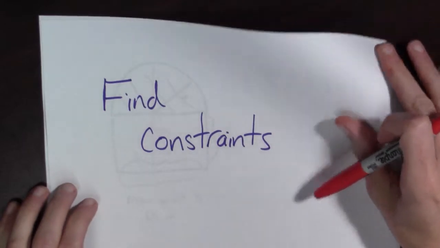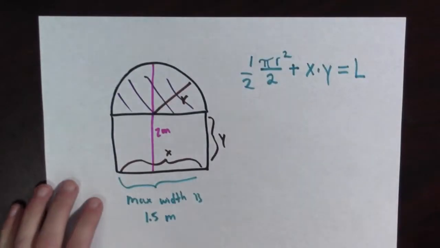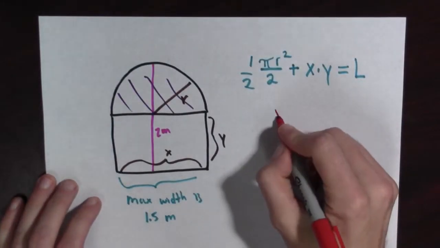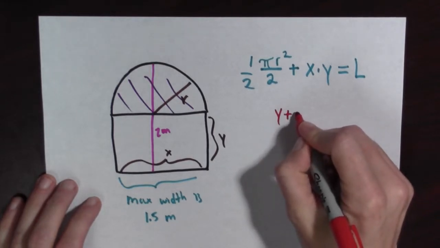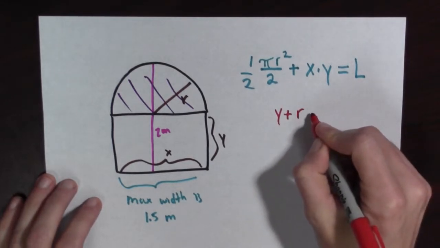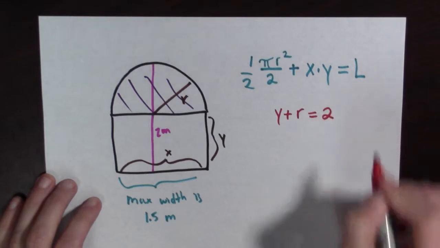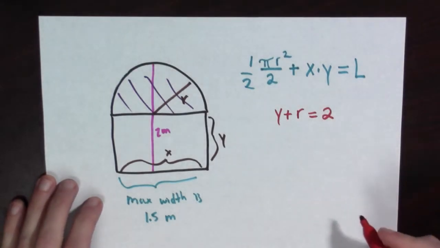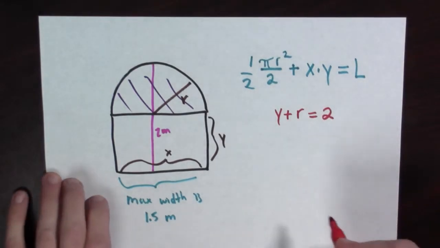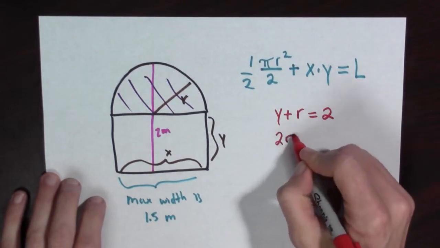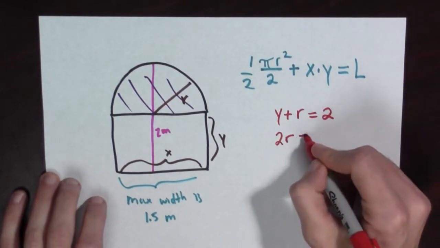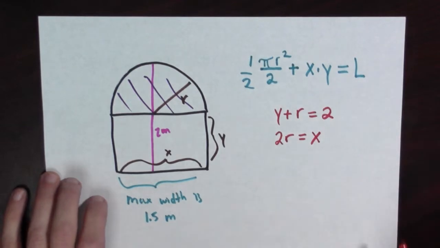Now we find constraints. All right, so some constraints. Well, one constraint is that y plus r has to be equal to 2. Another constraint is that 2r is equal to x.